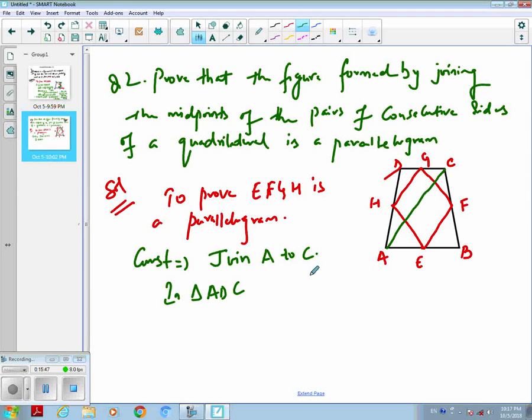Then by midpoint theorem, GH is half of AC and GH is parallel to AC.